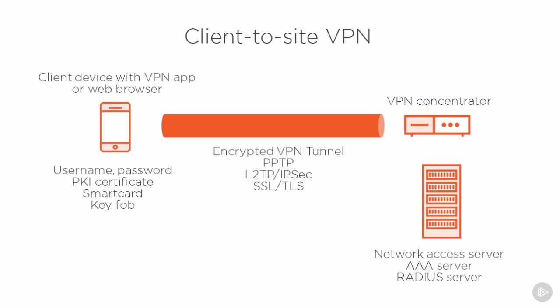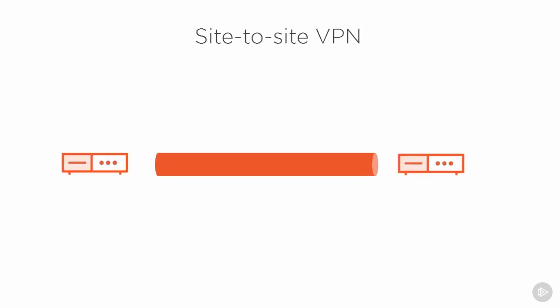We don't want credentials checked for users directly on the VPN concentrator itself for security reasons, because it is considered an edge point device. Now, the network access server can also be called an AAA server or a RADIUS server. They all really mean the same thing. It's another centralized authentication host outside of the VPN device.